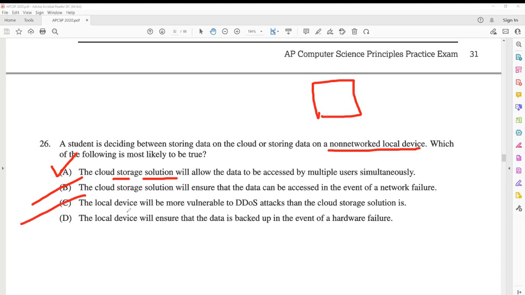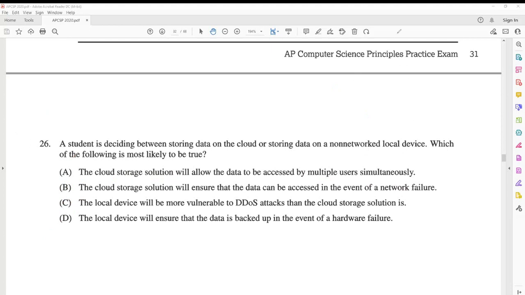No, local non-network, who knows? Local device will ensure the data backup in the event of hardware failure. Also no, no one knows which one's better. So 26A is okay. The only thing we know is the cloud solution allows data to be accessed by multiple users simultaneously. Your local device cannot.